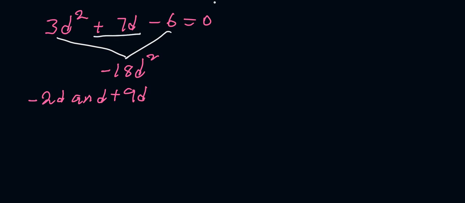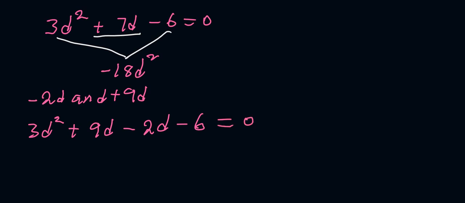So we are going to eliminate plus 7d and fix both negative 2d and plus 9d in that position. So the equation automatically becomes 3d squared plus 9d negative 2d negative 6 equal 0.